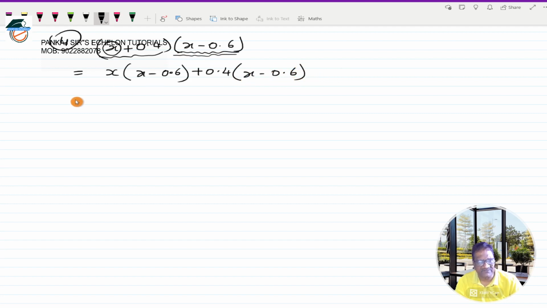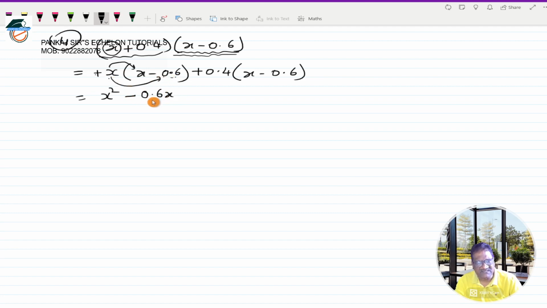Now this is the first step. In the second step you have to open the bracket. When you open the bracket you have to multiply this by this first, so it will become x into x, x square. Then you have to multiply this by this. Now this is x multiplied by 0.6, and there's a plus sign and there's a minus sign over here. So plus into minus will be first of all minus, and 0.6 into x will be 0.6x.